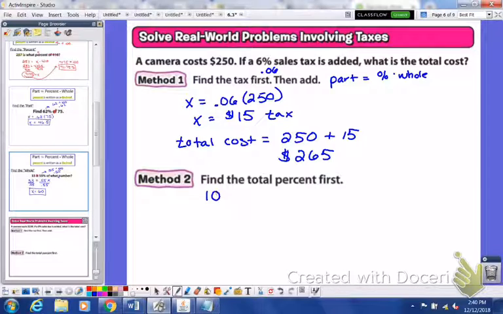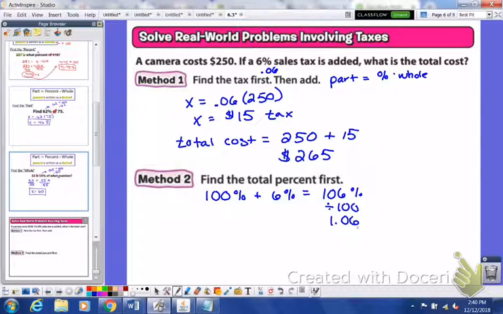So if my total cost is 100%, and then I'm adding in a 6% tax, my total percentage would be 106%. Then to find that as a decimal, take 106 divided by 100. So our decimal percentage would be 1.06.